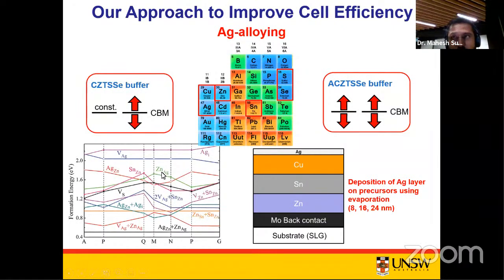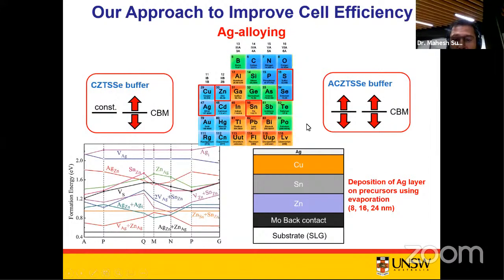Additionally, the transition energy levels of the Ag and zinc related defects are usually shallower, indicating that the band tailing caused by this cationic disordering is much smaller in Ag substituted CZT-SSC than in CZT-SSC.